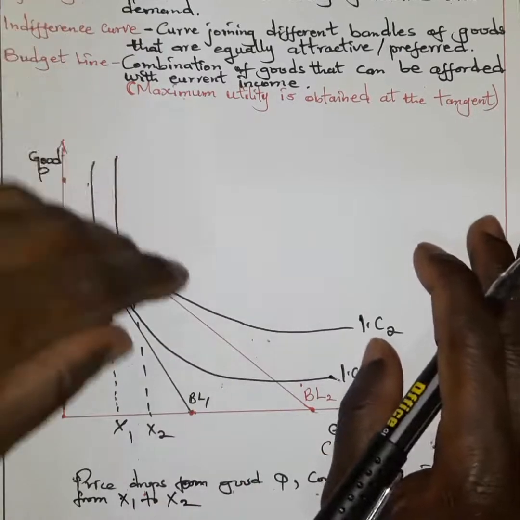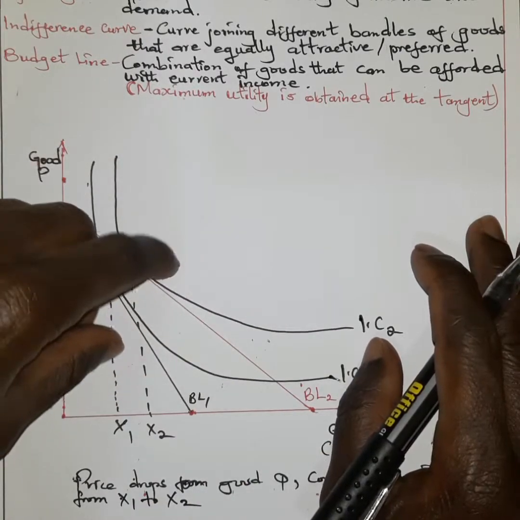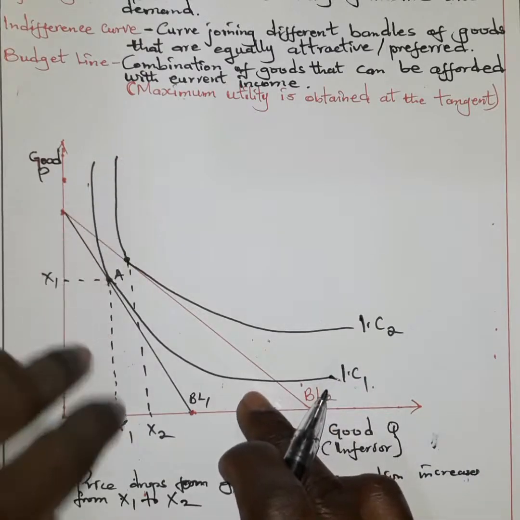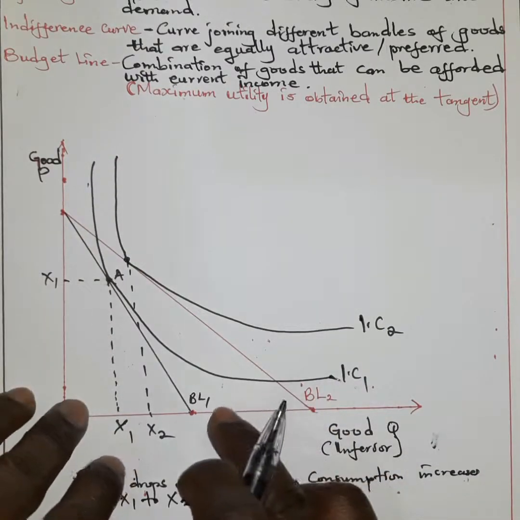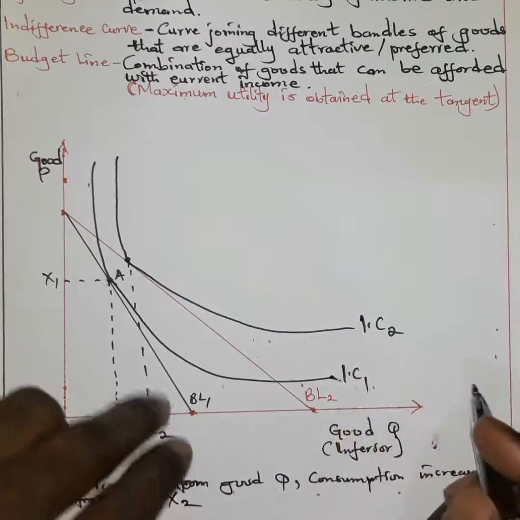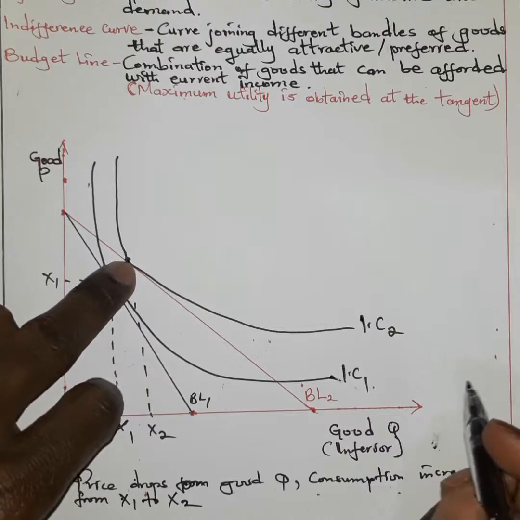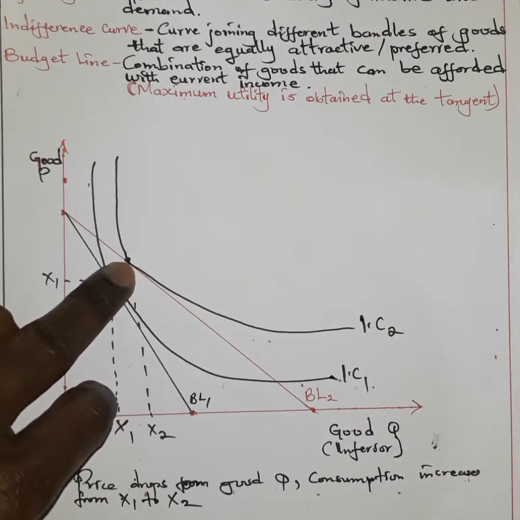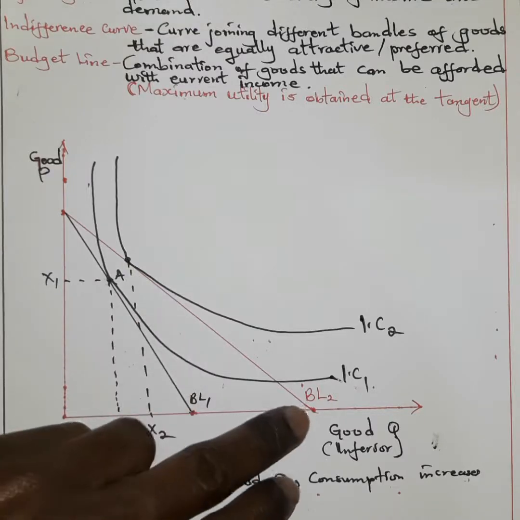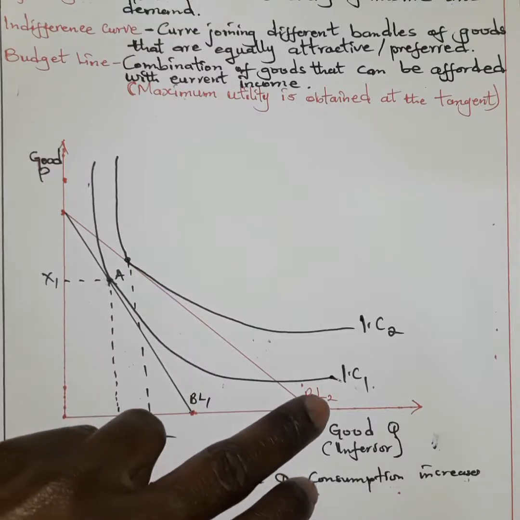Now, for us to break the impact of substitution and income effect, we are going to make a parallel line to the left of this particular curve. So you're supposed to draw a parallel line to the left of this particular line BL2.